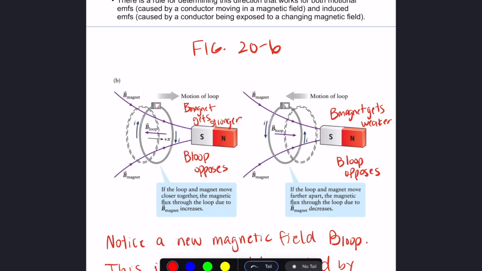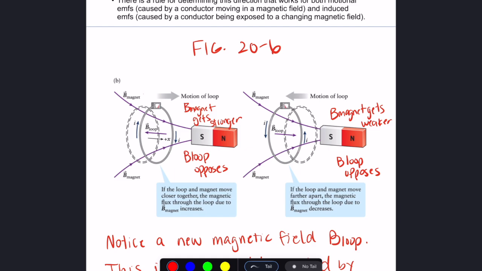Well, that current that's induced, you know what it does from chapter 20. It creates a magnetic field, right? Currents create magnetic fields. And that magnetic field, B loop, its job is to oppose the change in flux that originally created it, right?